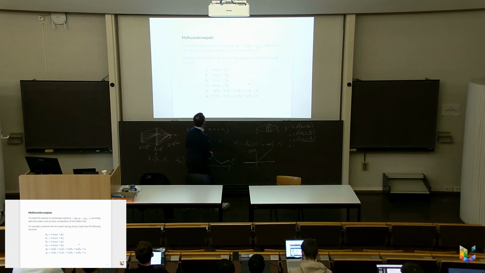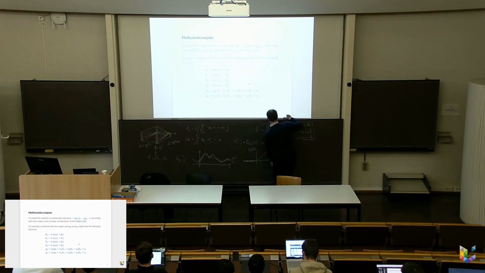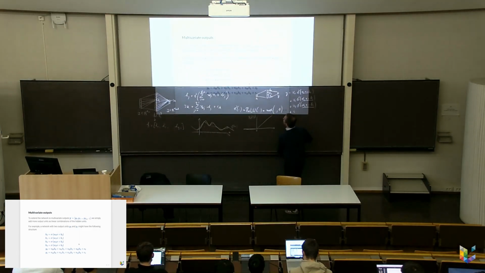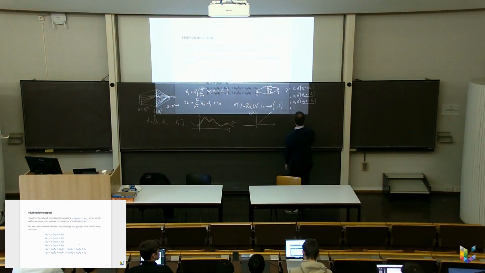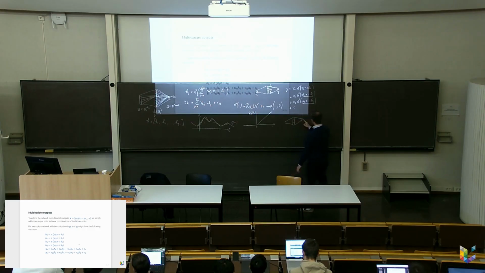So in this case, we need to predict a vector, and a simple way to do that is, so we have the first output as before, but we could add another output, which we compute in a way which is similar to the first output, but using a new set of coefficients and offset.